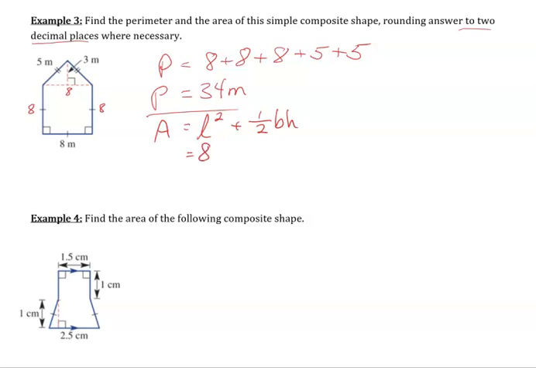So 8 squared, 8 times 8 is 64, plus 1/2 of the base, which is 8, times the height, which is 3. 8 times 3 is 24, half of which is 12. Then I add them together, 76. So the area is the area of the square plus the area of the triangle, and in this case it's going to be square meters.